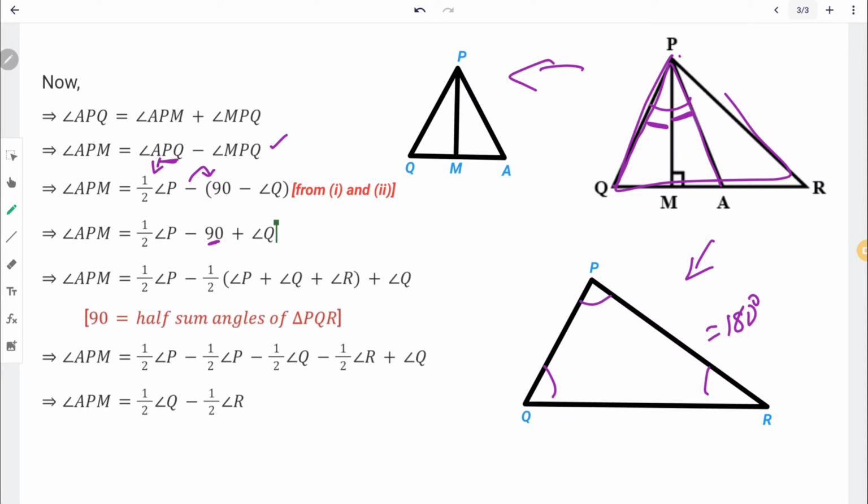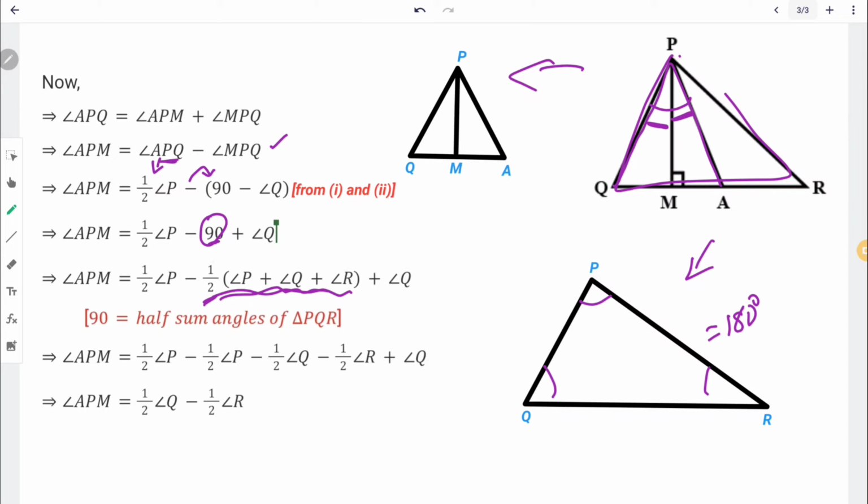So in place of this 90, can I write it as half the sum of angles of triangle PQR? So in place of 90, I'm writing half times angle P plus angle Q plus angle R. Once again, we know that the sum of angles of a triangle is 180 degrees, so 90 is half times the sum of angles of triangle PQR. So you can see half times angle P plus angle Q plus angle R.